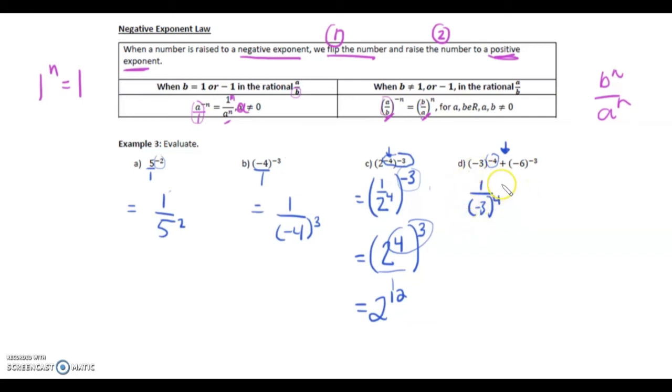Okay, so we're going to do that, and then we're going to add 1 over -6, because we flipped the number, and now it's a positive exponent. Okay, so -3 to the exponent 4, I get 81. So we get 1 over 81 plus negative, because this is going to be 6 times 6 times 6, negative 216.